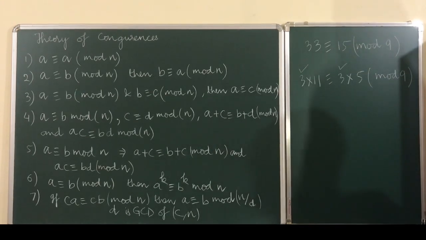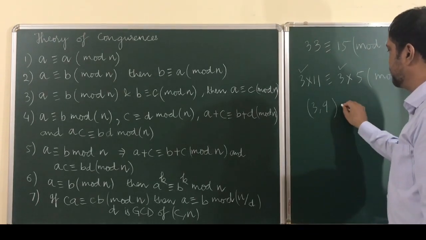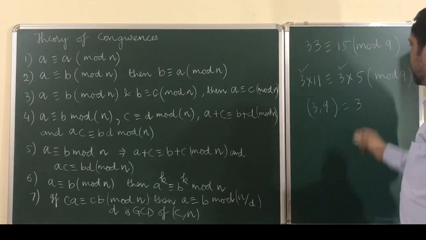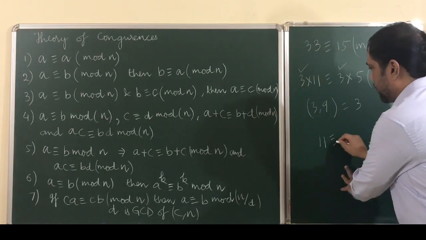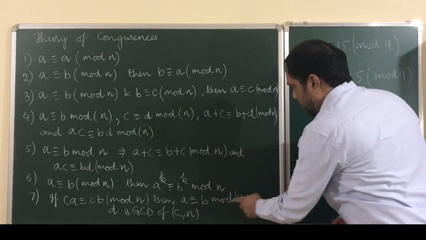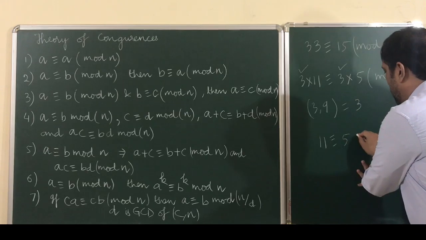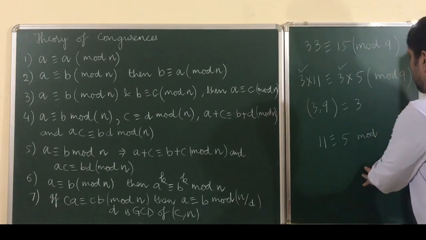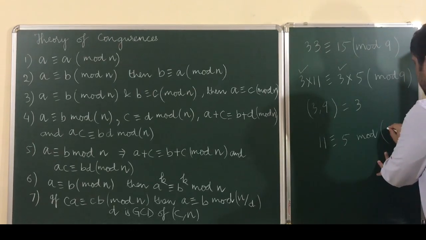So the GCD of 3 and 9 is, sorry, 3. So we can write that 11 is congruent to 5 modulo 9 upon 3, that is 3.